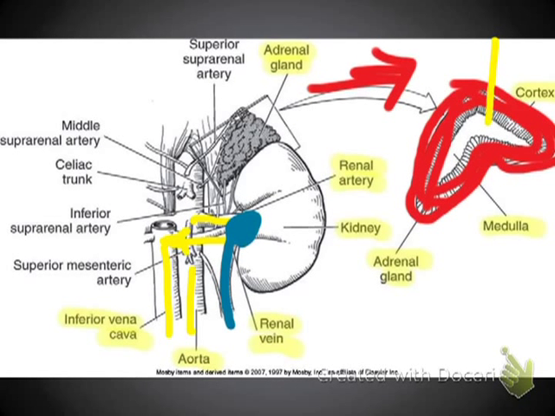The inner portion here is the medulla. As we said before, the cortex is in charge of producing steroids, whereas the medulla is in charge of producing epinephrine and norepinephrine. So that's something to keep in mind, and hopefully to keep straight.